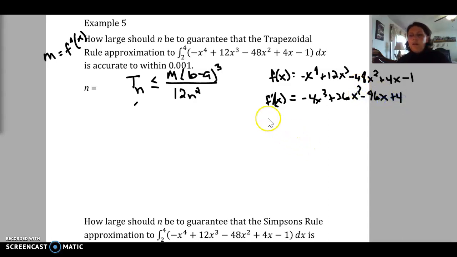There we go. The second derivative is going to be negative 12x squared plus 72x minus 96.